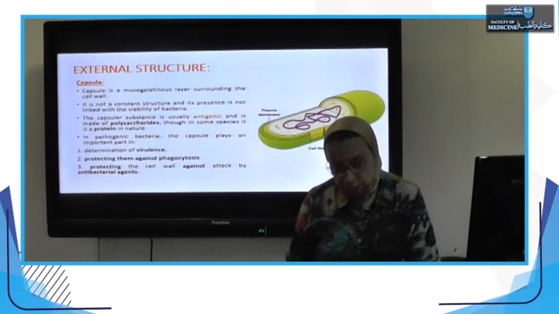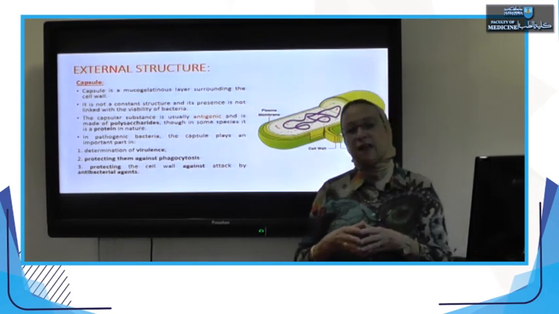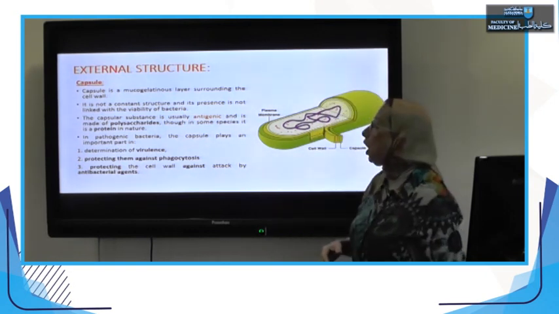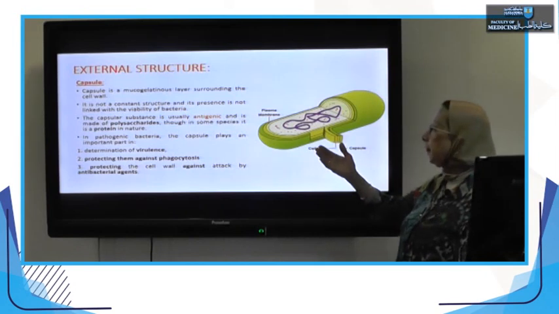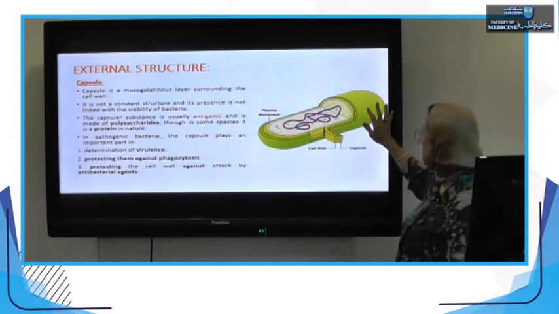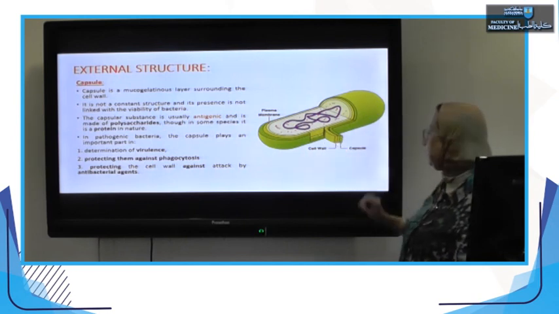Now we discuss the external structures, and these are present in some bacterial species, not in all bacteria. These external structures are the capsule, the outermost layer of the cell envelope. You see here the envelope is made of the capsule, cell wall, and cytoplasmic membrane.